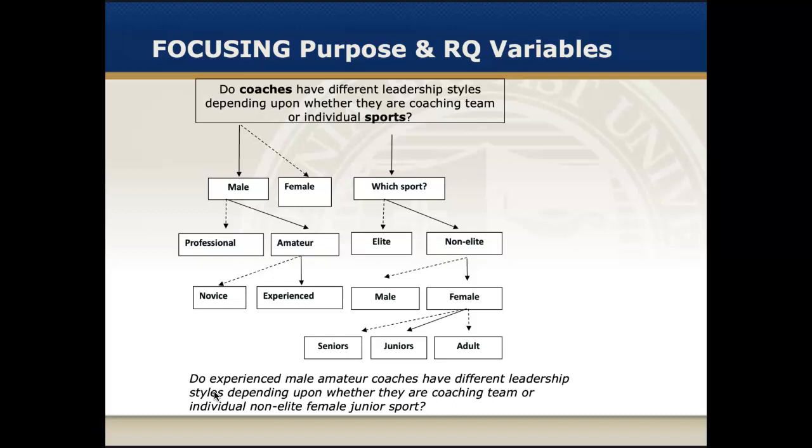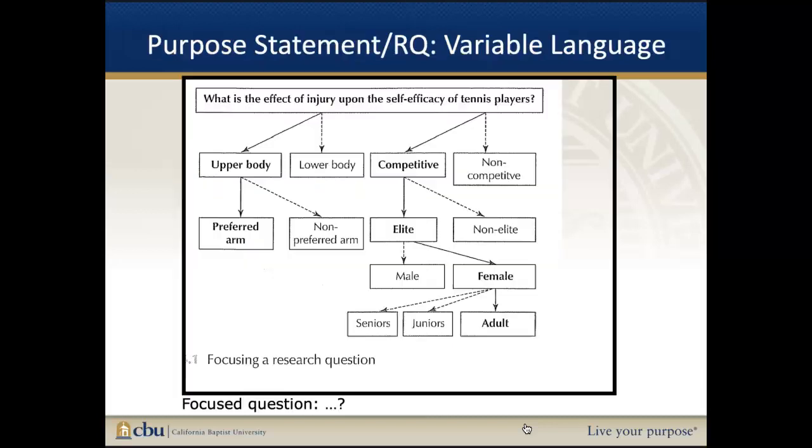So this is a simple example, but look at the bottom now. We're looking at level of athlete, level of coach, type of leadership style, gender of the athlete. So then we get a much more sophisticated and specific research question once we narrow our variables in a more specific way.